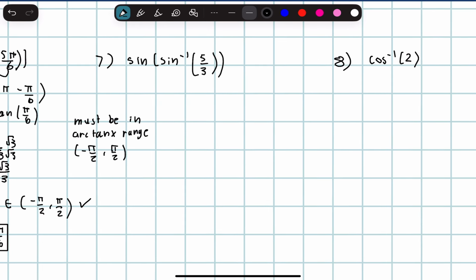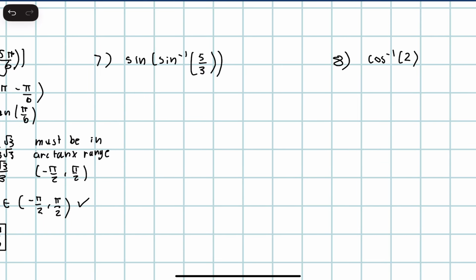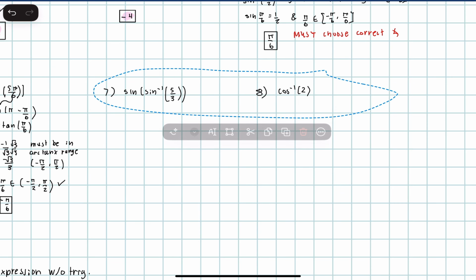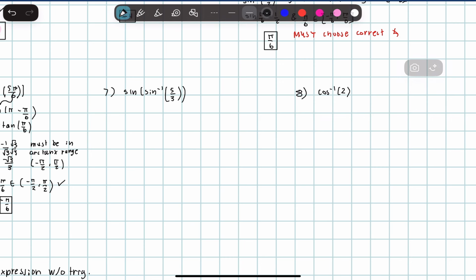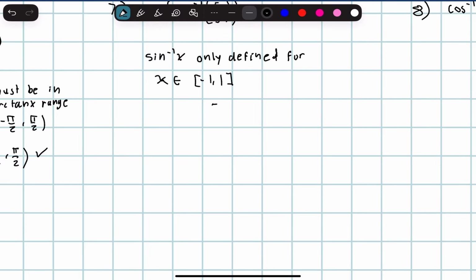Great. Now let's move on to number 7. Okay, we can honestly move these over a little bit. We have a lot of room. So, let's say that we know that sine negative 1 is only defined for x in negative 1 to 1, and we know that 5 over 3 is going to be greater than 1.